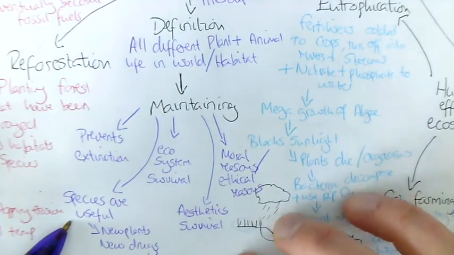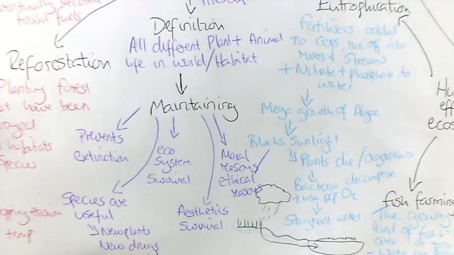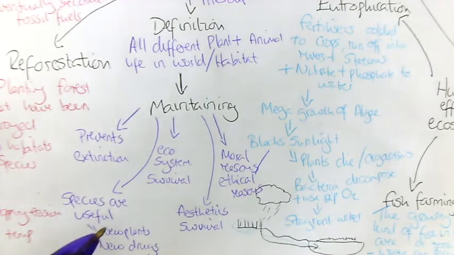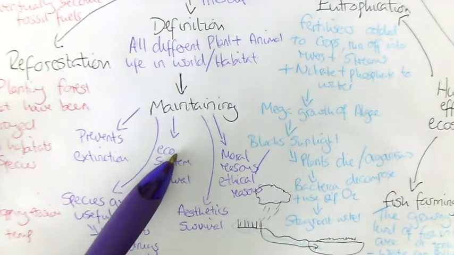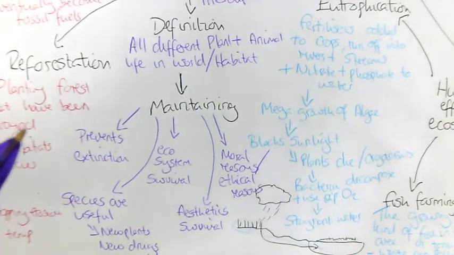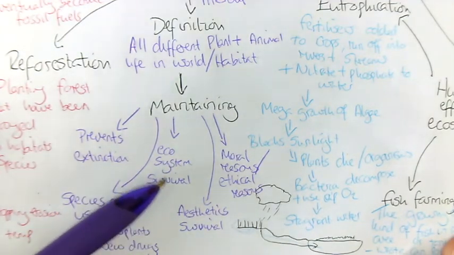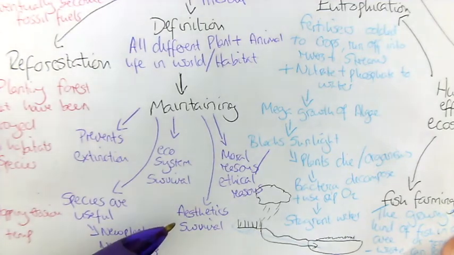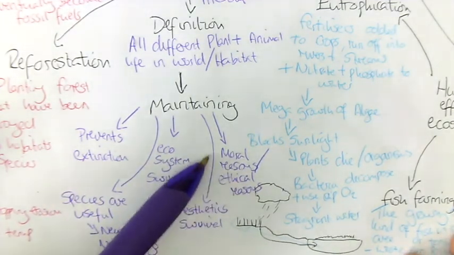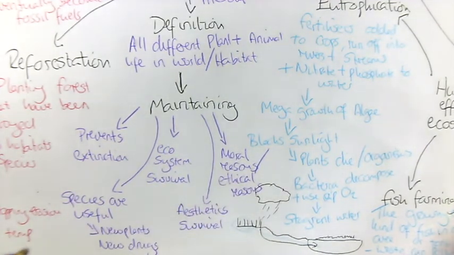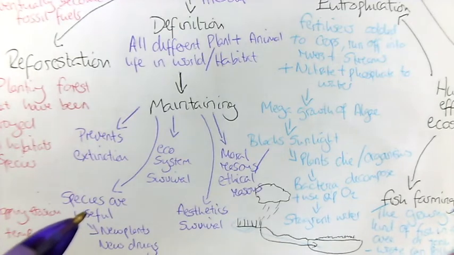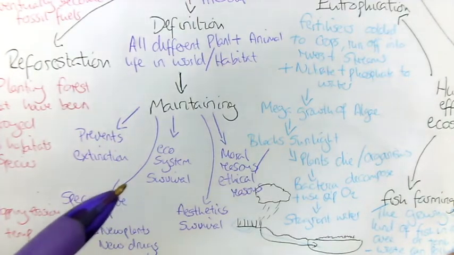Because different species are useful, so different plants become different drugs. So if we can find new drugs with new plants, that's excellent. We need all the different plants and animals in the ecosystem to make sure it survives. Aesthetic survival, that is how pretty everything looks. And then we've got moral and ethical reasons. What right do we have to actually kill off a species or destroy a habitat?